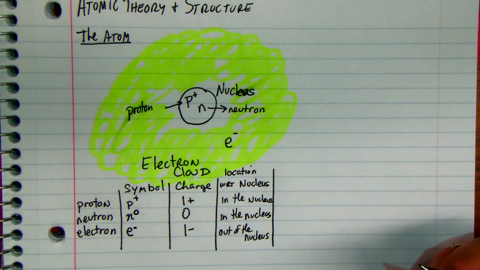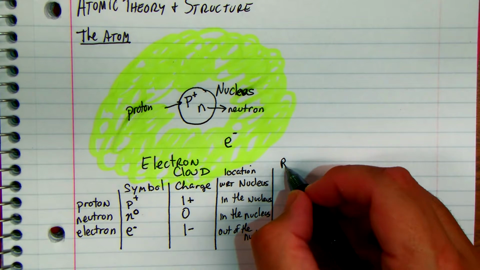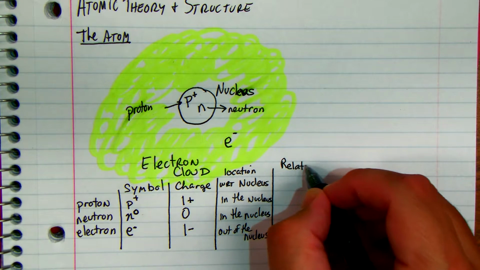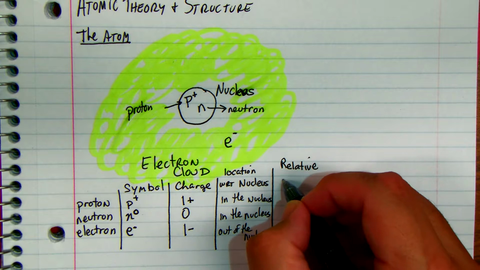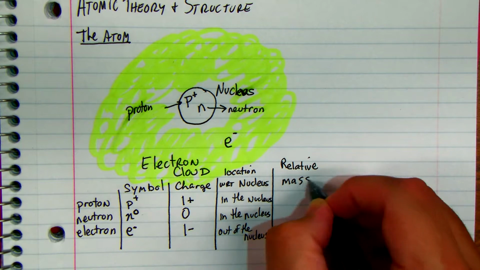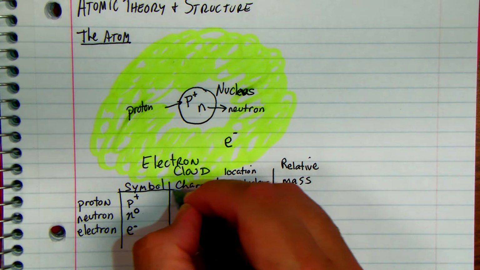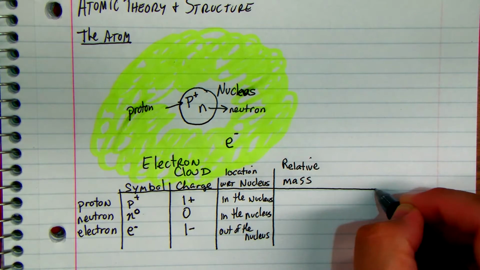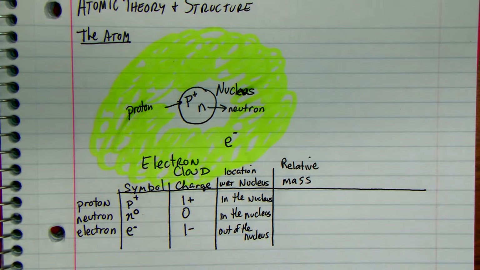All right, now, when we talk about relative mass, and we're keeping this stuff straightforward, relative mass is not necessarily the actual mass of these particles, the proton, the neutron, and the electron.